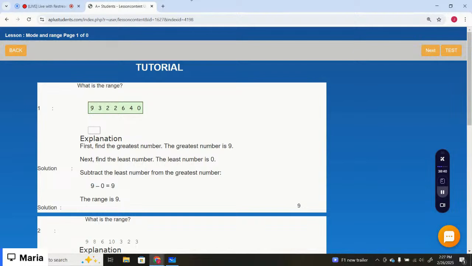The greatest number in the given data is 9 and the smallest number in the given data is 0. So the range is 9 minus 0. That means the range of the data is 9.